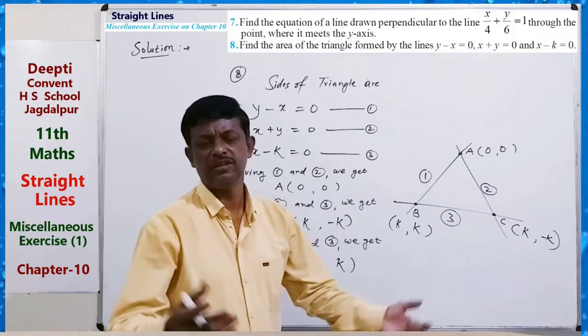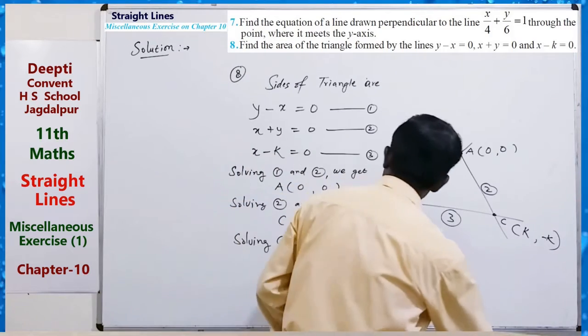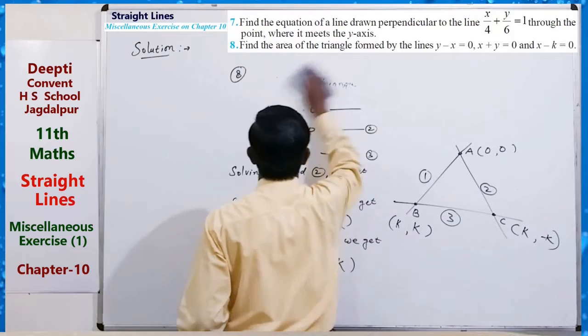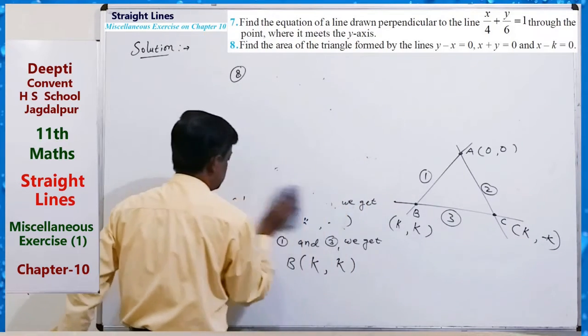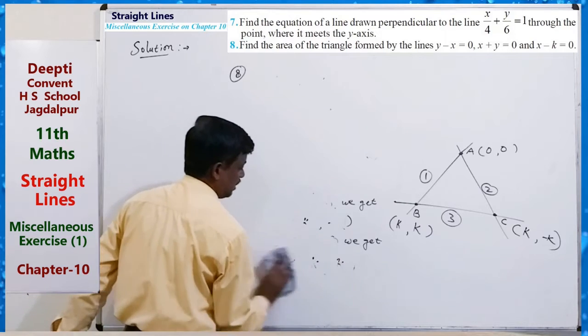Now we can use the formula for finding the area of a triangle. You know the formula. What is the formula for finding the area of a triangle?